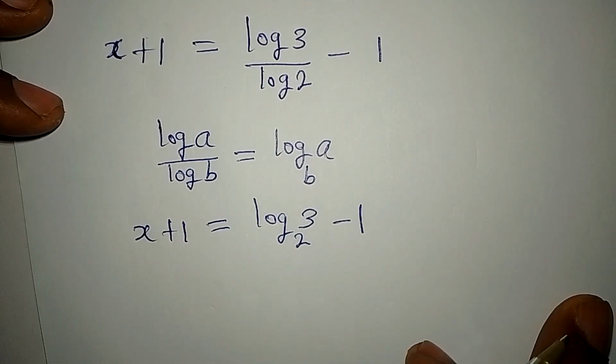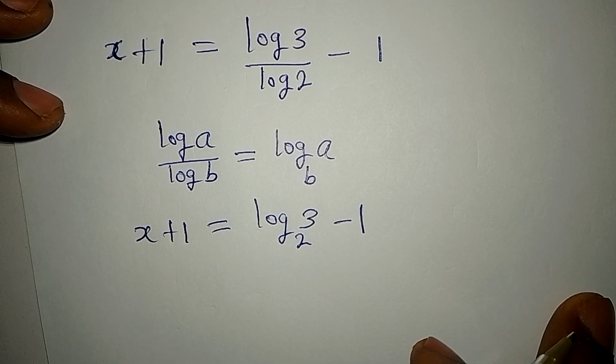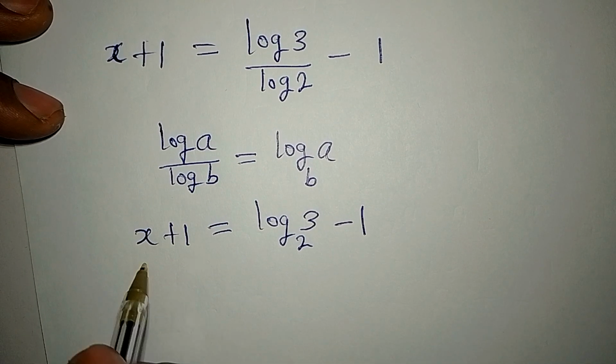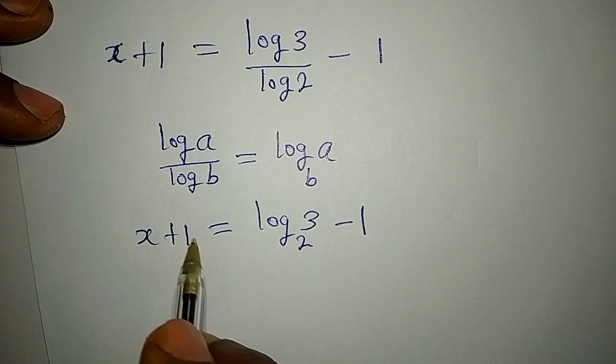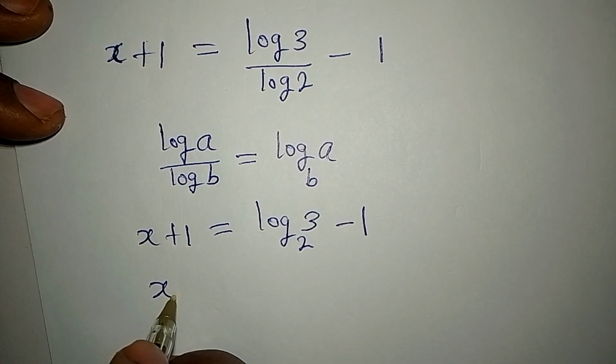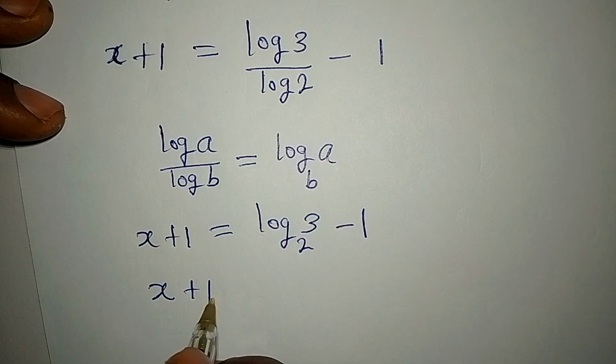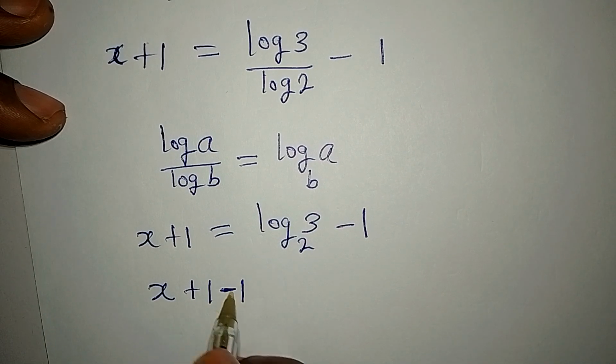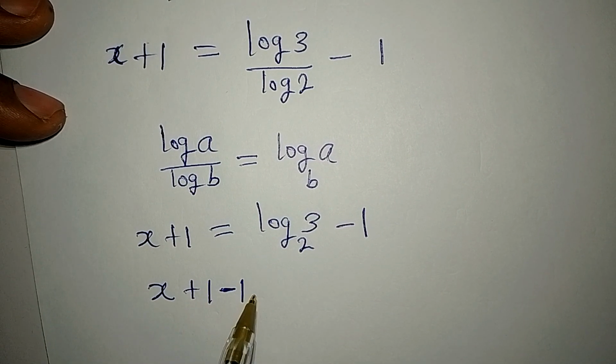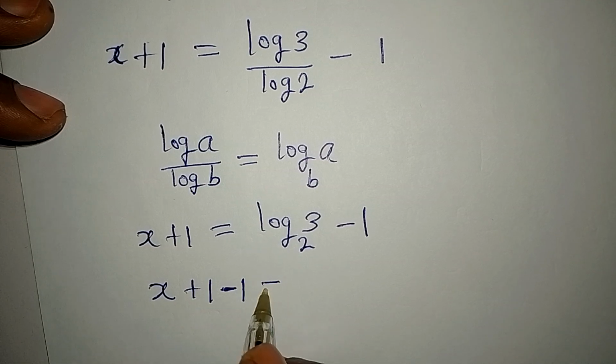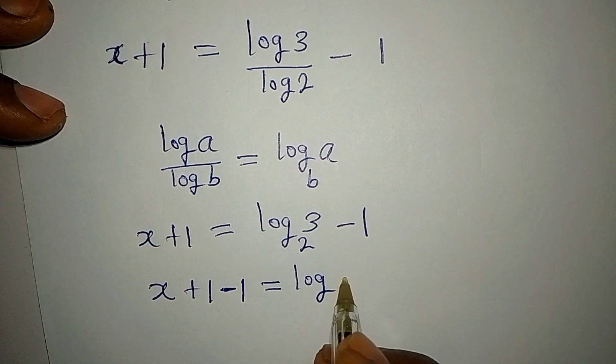By the way, I'm looking for the value of x. This means I can make x the subject by transferring 1 to the other side. So x plus 1, then we have minus 1. That plus 1 minus 1 will cancel from here. And what you do on one side, you do on the other side.